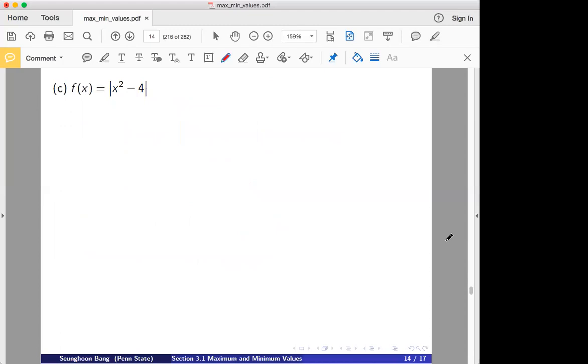Solve the problem. f of x equals the absolute value of x squared minus 4. We need to find the critical numbers. So could you calculate f prime of x? What's the derivative of the absolute value of x squared minus 4? Do you know?